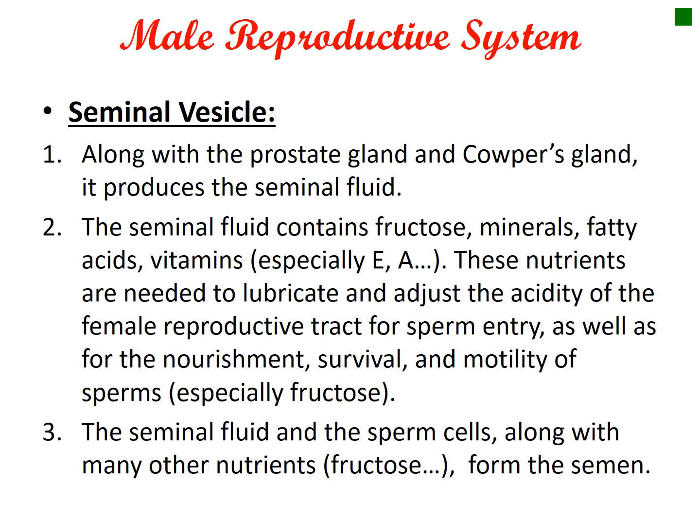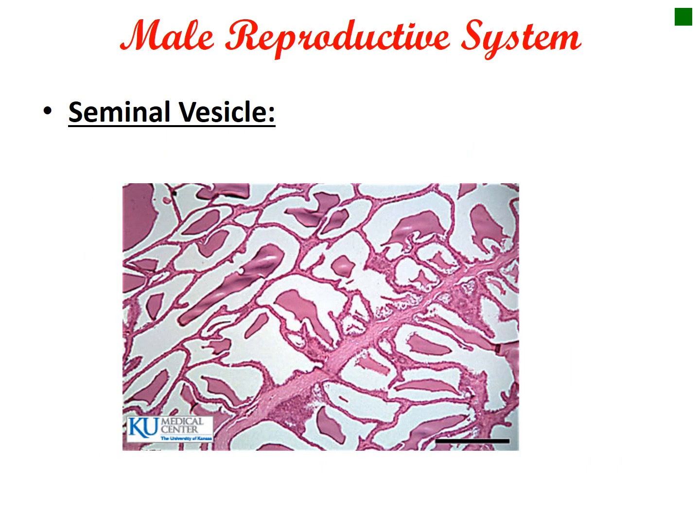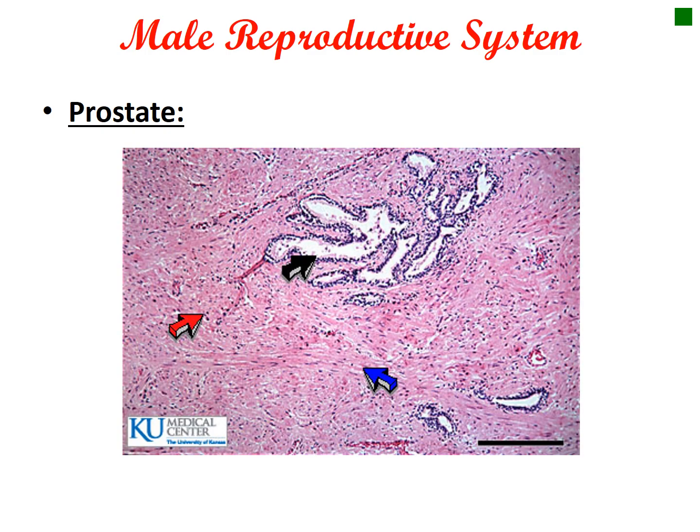These nutrients are needed to lubricate and adjust the acidity of the female reproductive system, to allow the sperm entry, as well as the nourishment and survival of the sperms. Seminal fluid and the sperm cells form the semen.